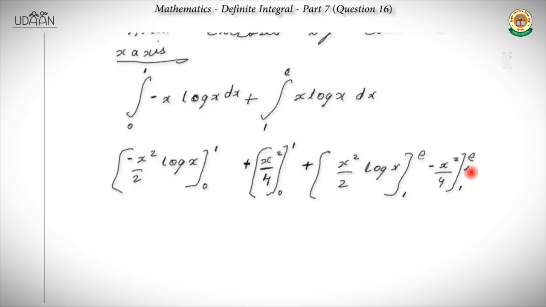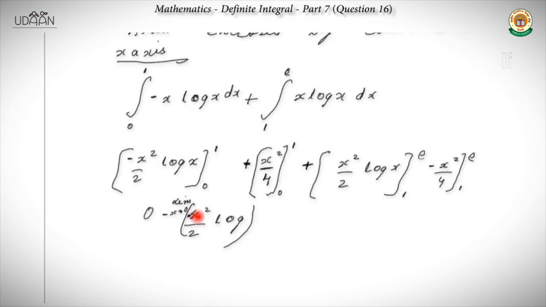If you just evaluate this at x equal to 0, this will make the job tedious. As you put 1, this will be 0, but for minus x square by 2 log x, at x equal to 0 we need to calculate the limit as x tends to 0.